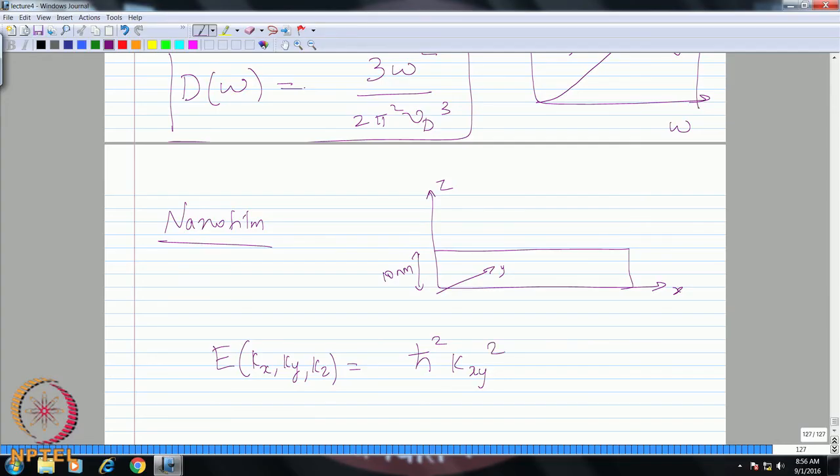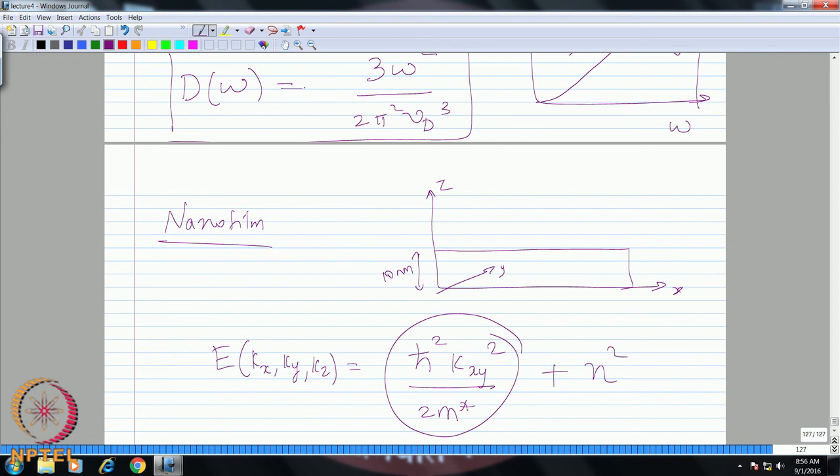Okay. So, that is you have h bar square k xy square by 2 m star. So, that means this is for the energy versus k relationship for the crystal, you have m star, and for the z direction you have specifically quantization happening.